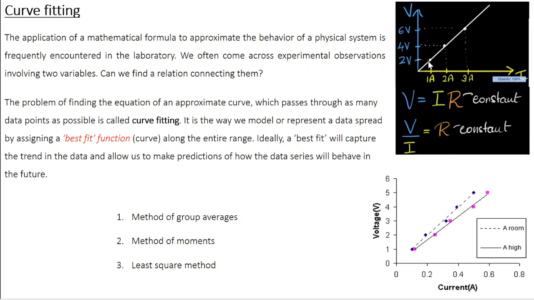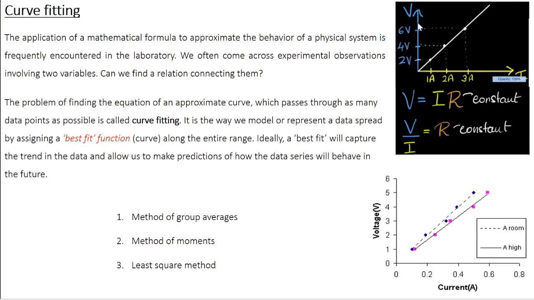But when you fit the data with a straight line like this, now I can extrapolate, and from these data points I have already found out that the ratio of voltage to current, V by I, is a constant. In this case R is 2 ohms. So using this equation, now I can find out what will be the current corresponding to 8 volt.